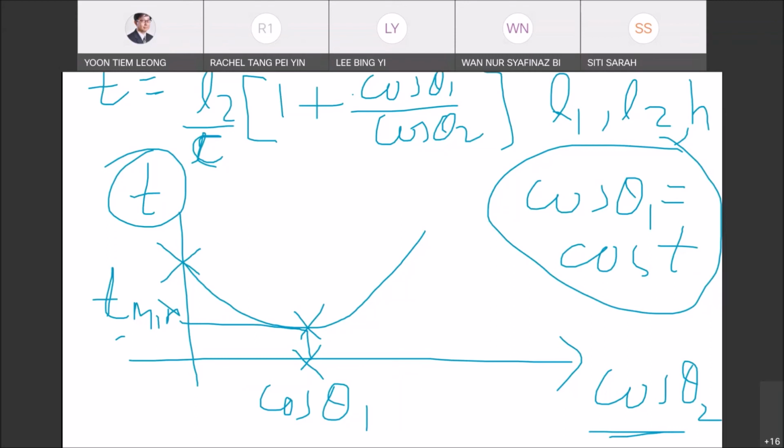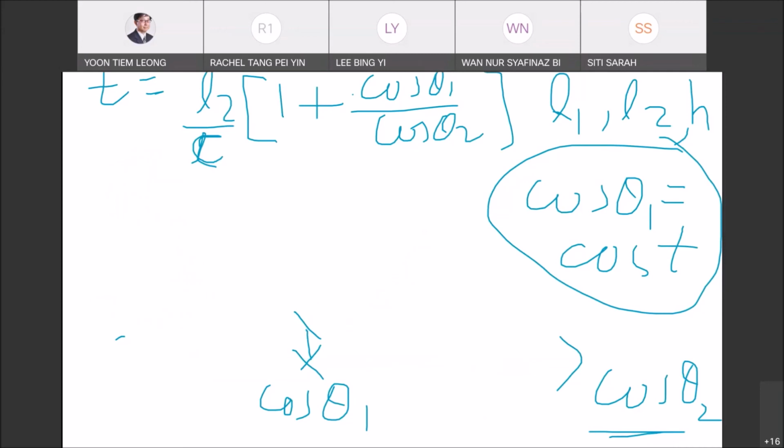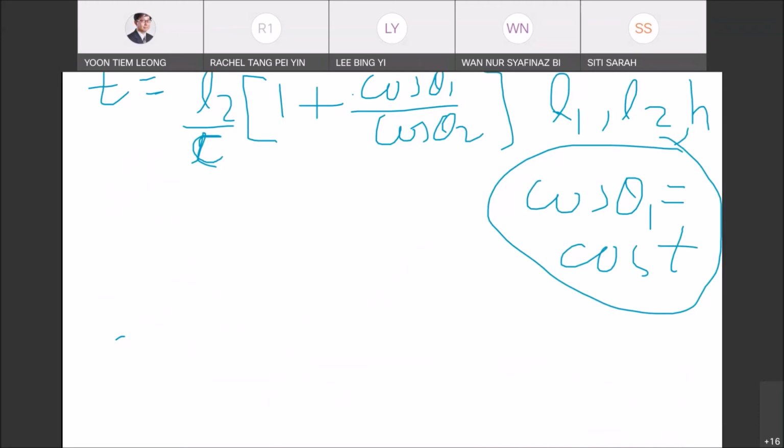When I minimize the function of t, I would expect the solution to be such that cos theta 1 equals cos theta 2. So I will proceed to check my hypothesis and see whether my method works. If it works, then I'll get the correct answer. If it doesn't work, then I would not.